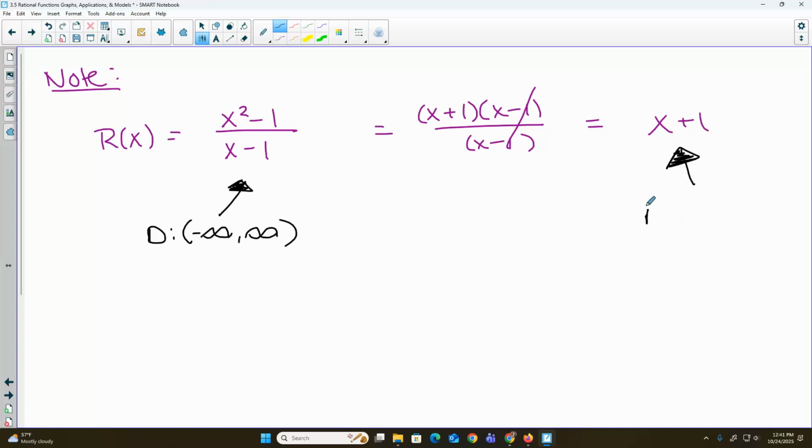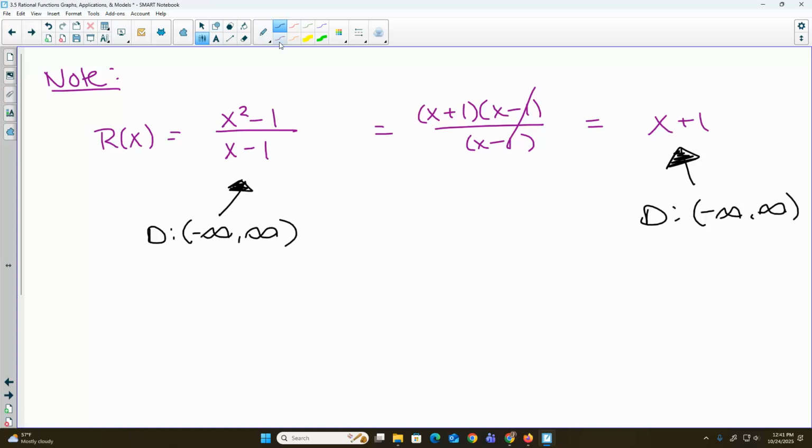What's the domain of that? Actually, it can be anything because it's just a line. Its domain is everything. So technically, we're so used to saying those things are equal because we reduce, but their domains are different. It does change your graph.